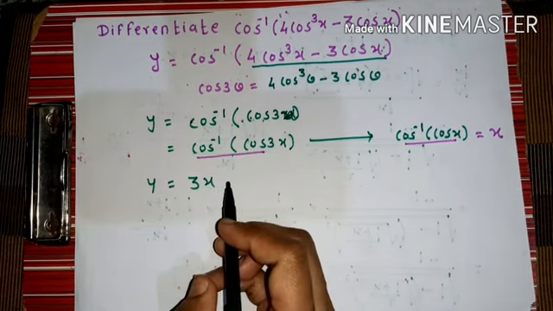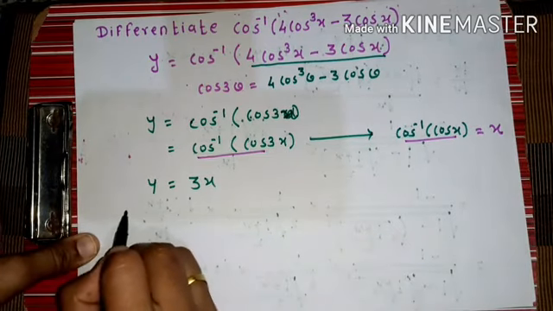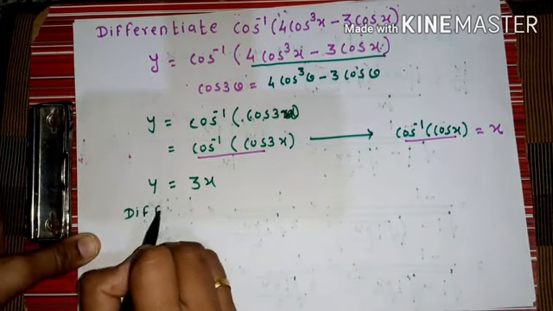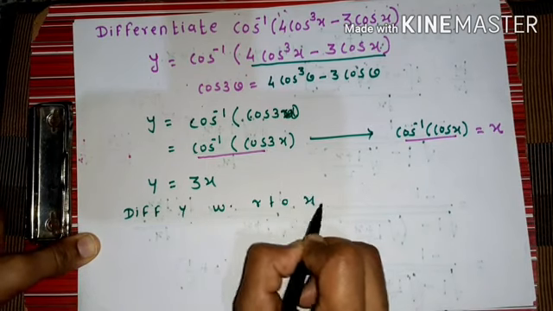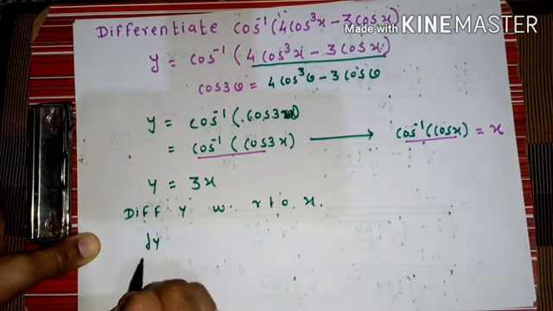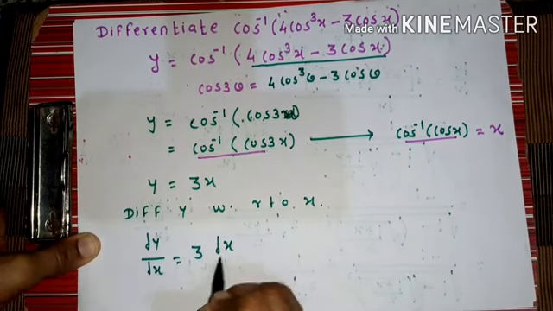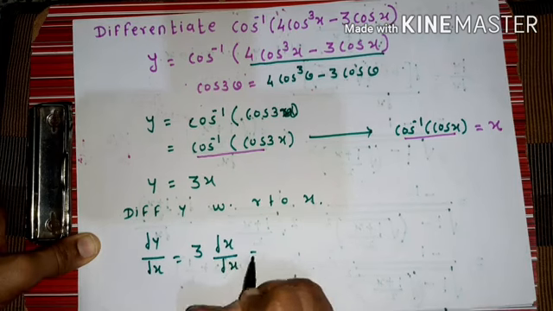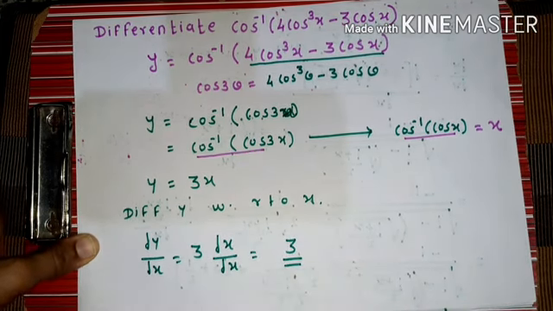See how the function is simplified, y equal to 3x. The function is in a very simplified form and now we have to differentiate. Now differentiate y with respect to x. Okay, and therefore dy by dx equal to 3 is constant, differentiation of x with respect to x is 1, and hence the differentiation of the given function is 3.